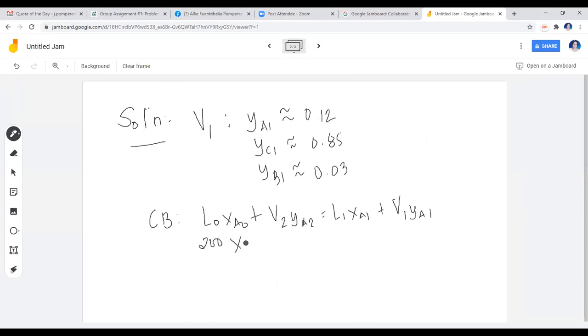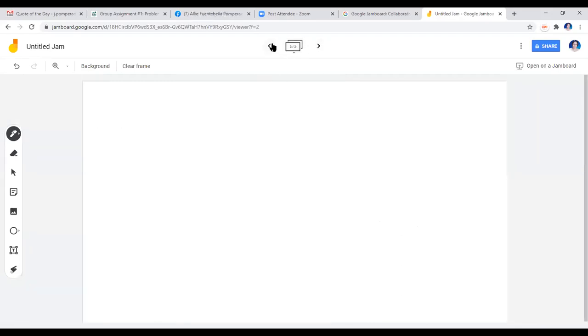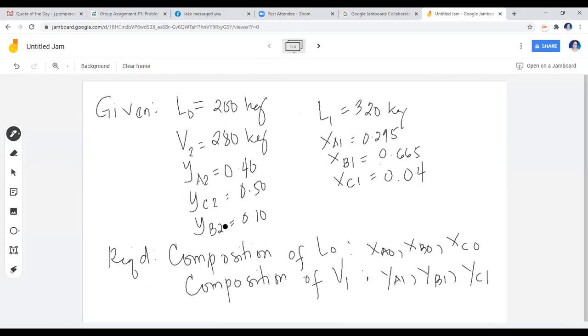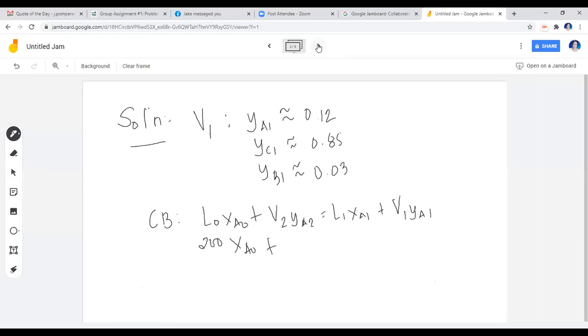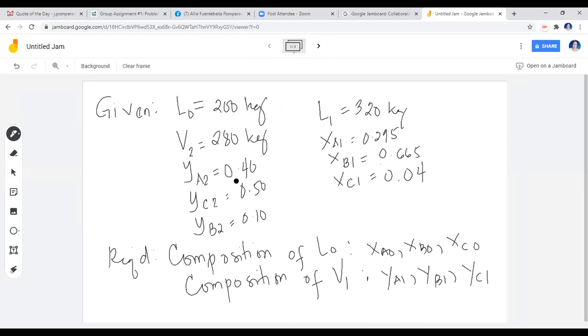We do not know this. And we have a V2. Your V2 is 280, so you have a 280 here. And this YA2, which is the composition of your solvent in A, so that's 0.4.